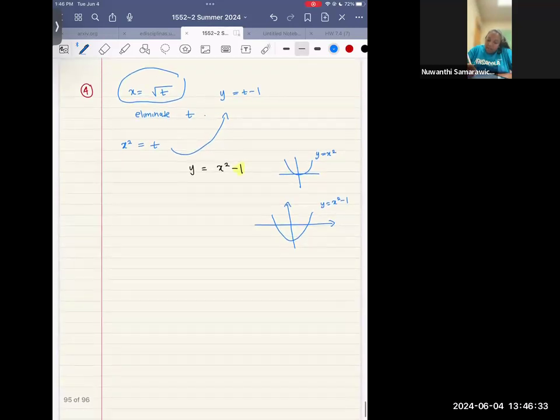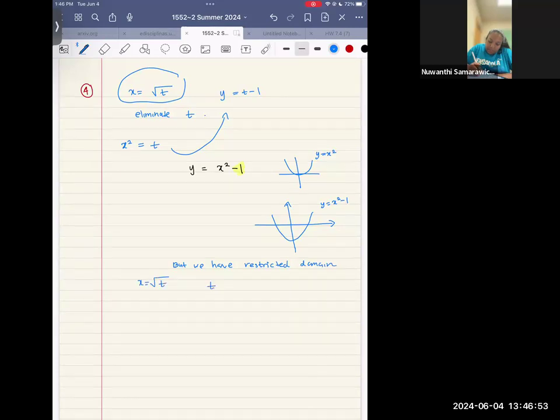But we have to check whether there is a restriction or not. We have a restricted domain because of this parametric equation.